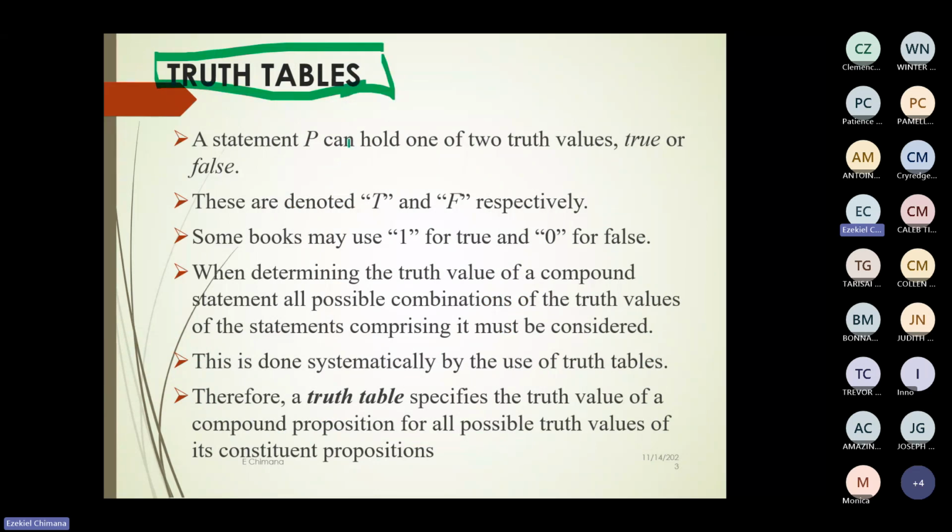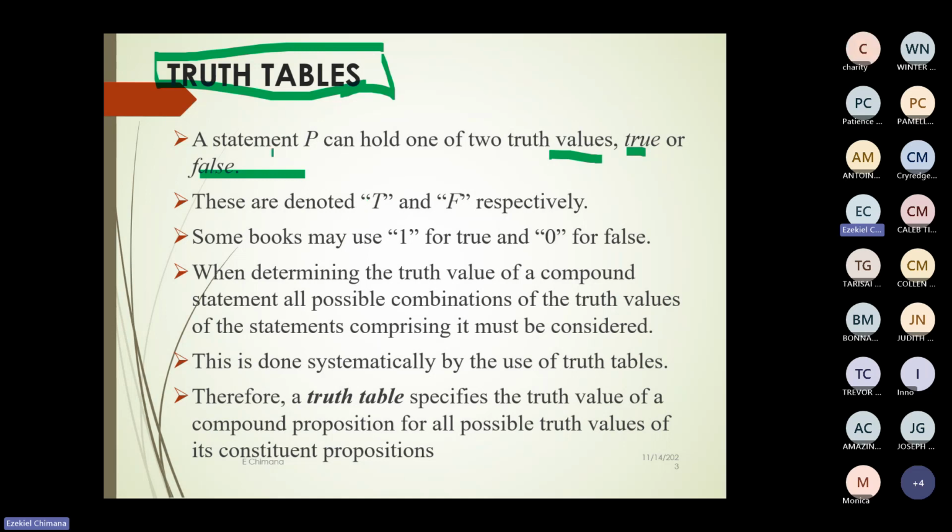So a statement P can hold one of two truth values, which is true or false. Remember, we've said a statement is a statement whenever it has either true or false as its truth value, and it cannot be both.